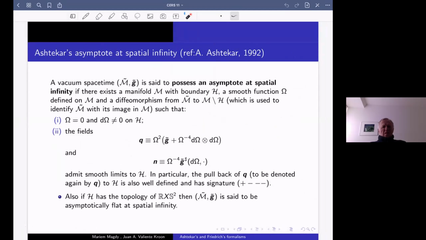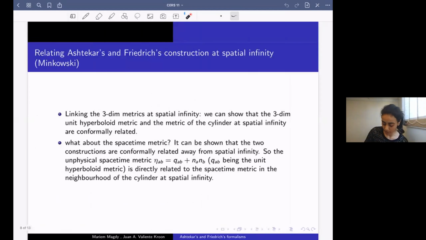I never understood that. So first we remove the singularity, because what Ashtekar does is rescale the metric for the asymptote or the hyperboloid differently from the normal part. If we want to scale it with the same factor, then we have a singularity in the normal part.